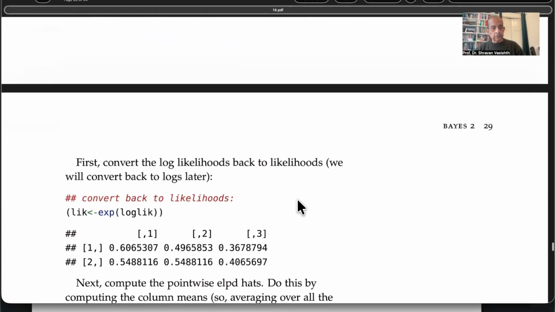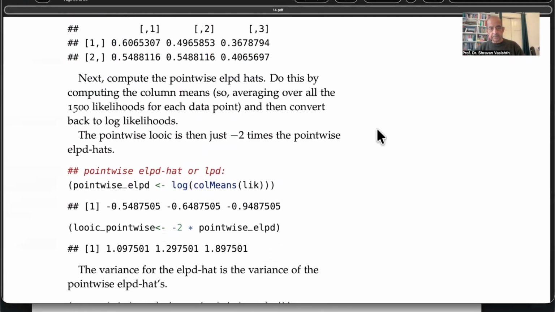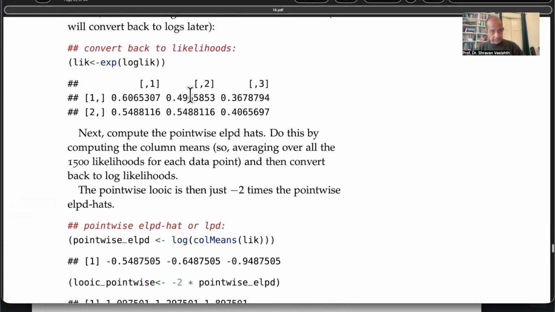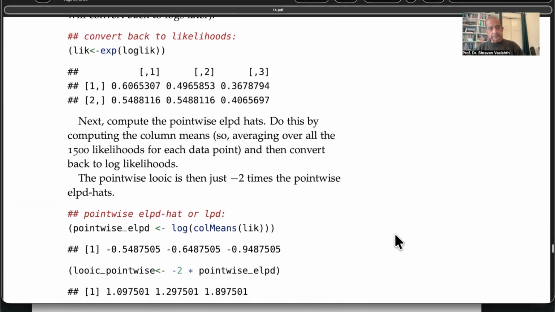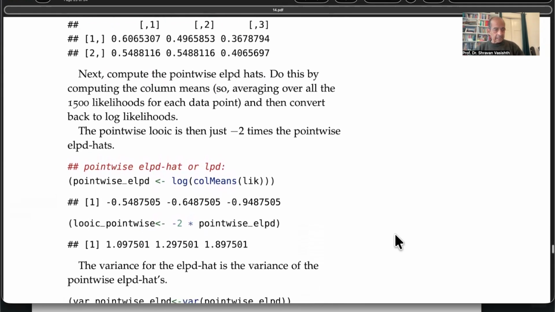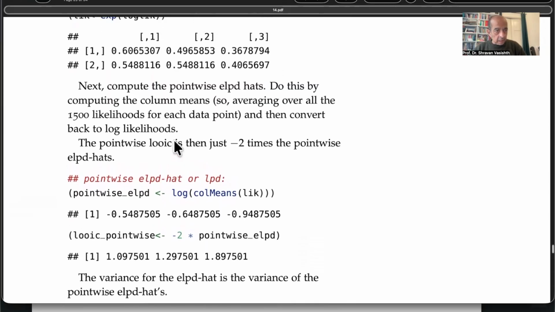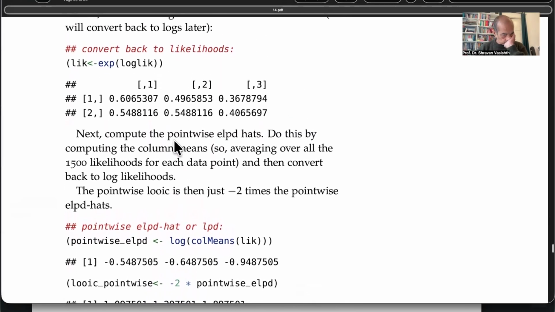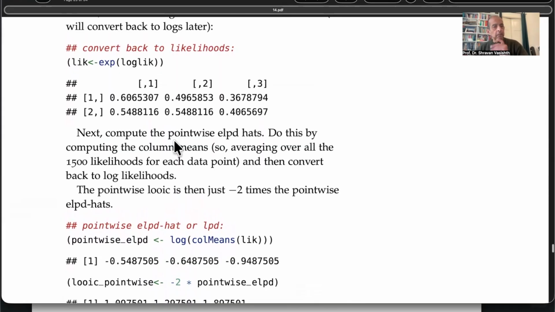All right, so I was at this point here. I marginalize out the parameters and take the expectation, so that's the mean. What I end up with is 3 numbers.